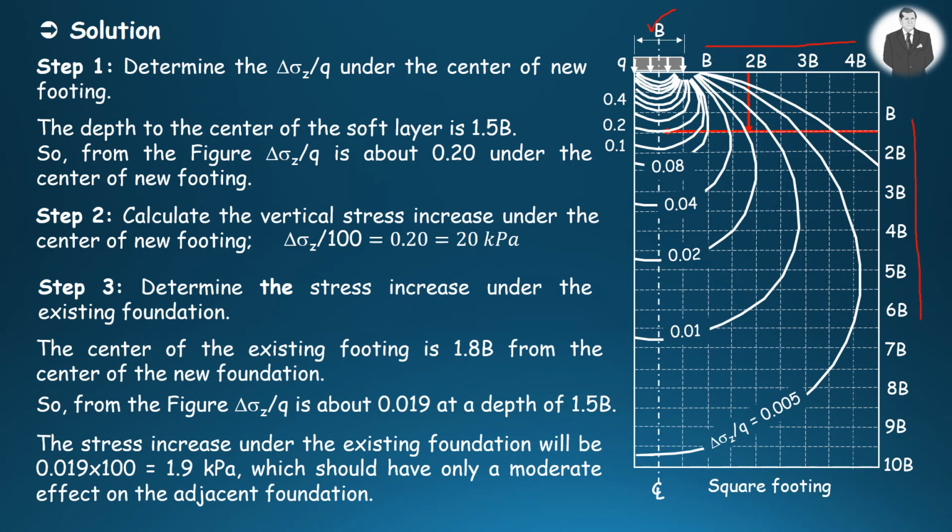The stress increase in this case under the foundation will be the ratio just obtained multiplied by the contact pressure, which is 100 kilopascal. So the stress increase will be 1.9 kilopascal. This will have only a moderate effect on the adjacent foundation.